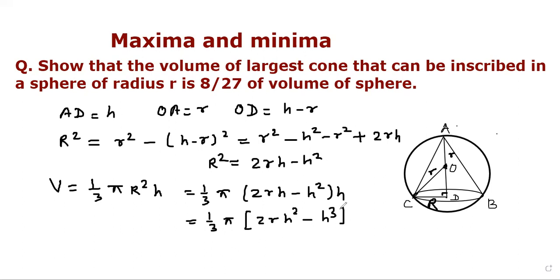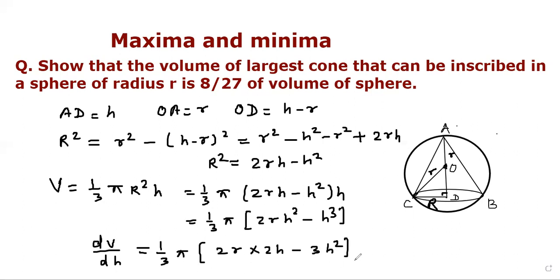For maximum or minimum, we have to differentiate it and equate it to 0. So dV upon dh, where r is constant because the radius of the sphere is fixed, is 1 by 3 pi times (2r times 2h minus 3h square).